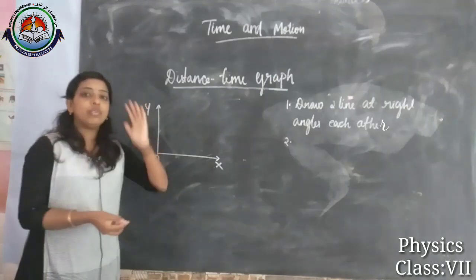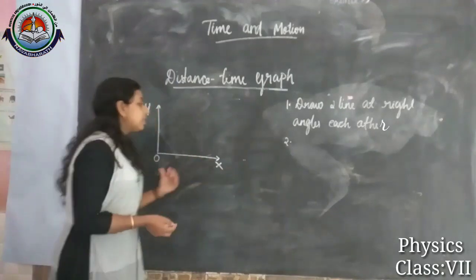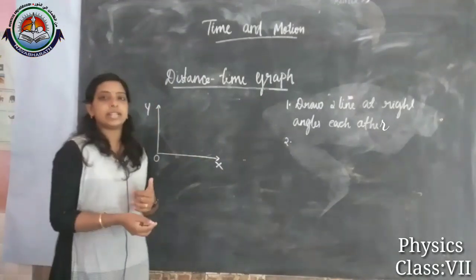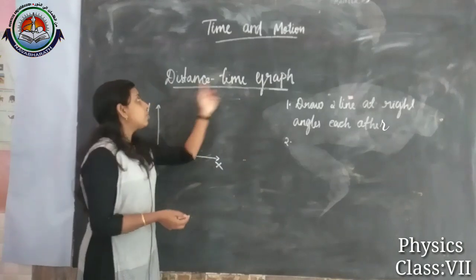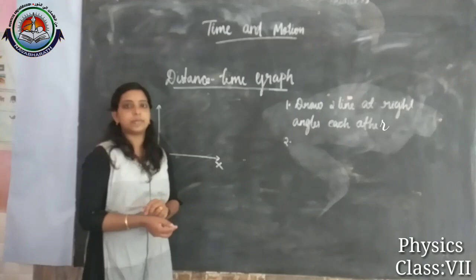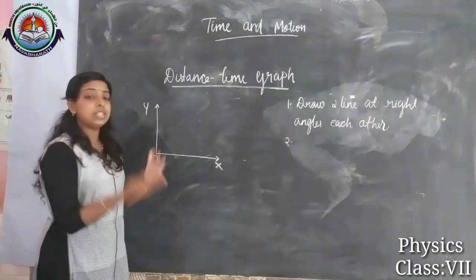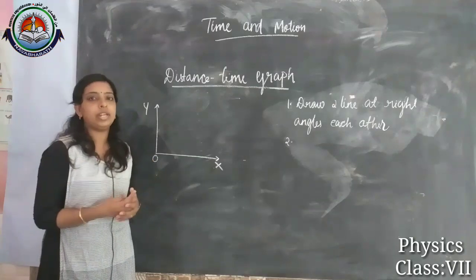For writing these physical quantities in the X axis or Y axis, there is one more thing we have to think about. We have to compare both quantities, time and distance, to analyze which one is the independent variable and which one is the dependent variable.